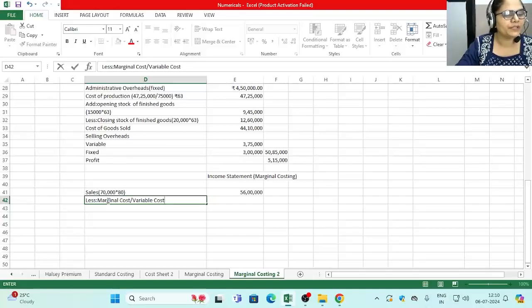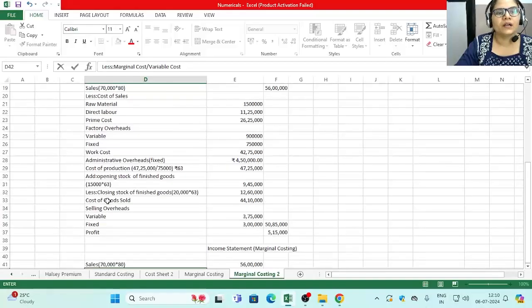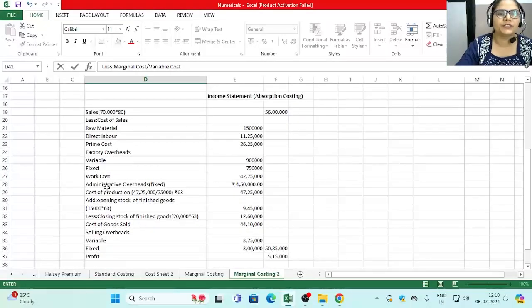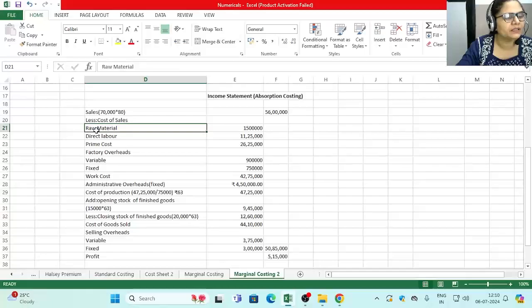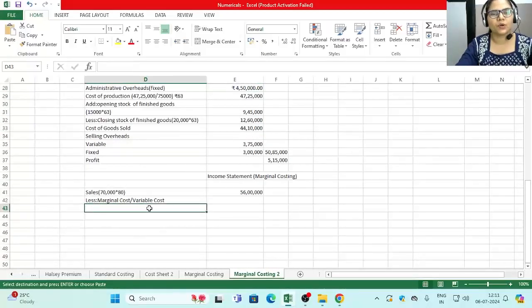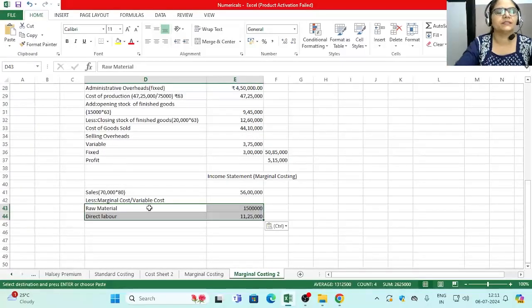We will take all variable cost first, as we usually do in marginal costing statements. So it will be like this: raw material, and all these values will remain same. So we will copy them as it is.